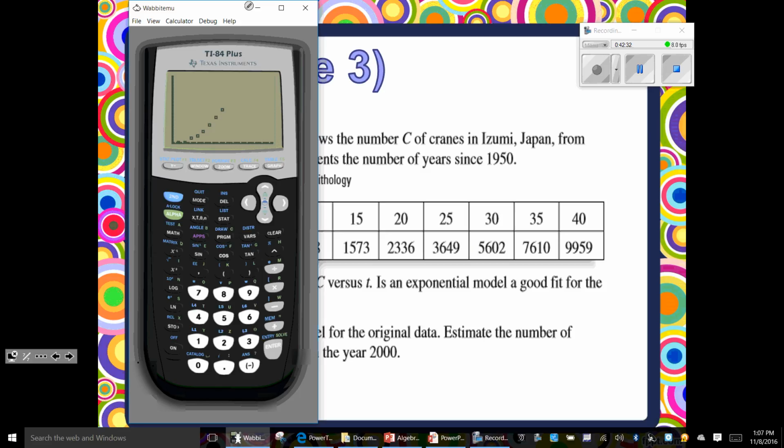Look at your linear, check the R value. Look at your quad, check the R value. Look at your exponential, check the R value, and choose the best one. But in this case, it's telling us to check the exponential. So I'm going to go get my exponential one.